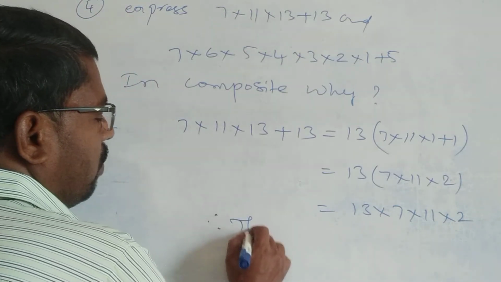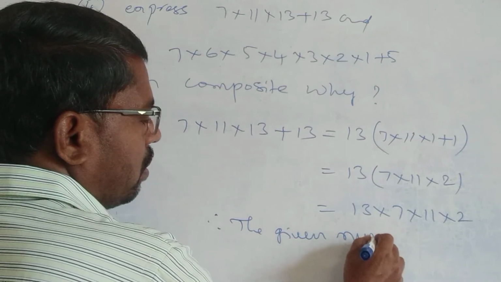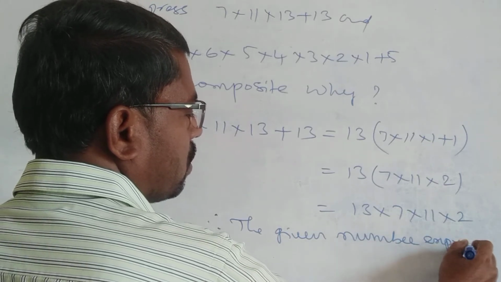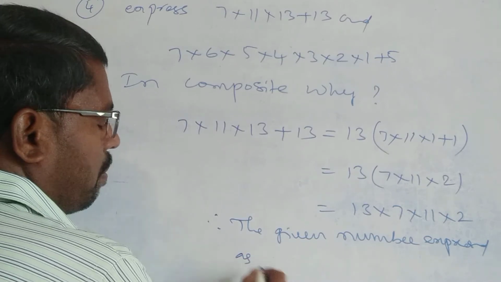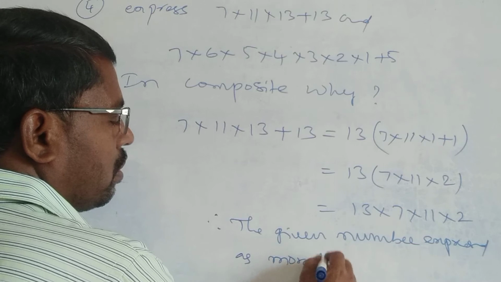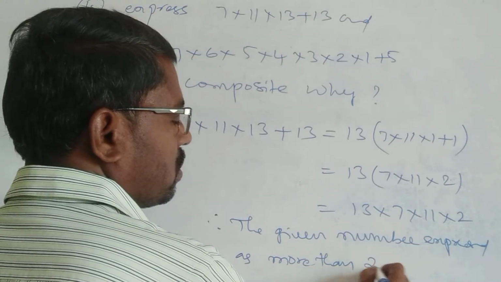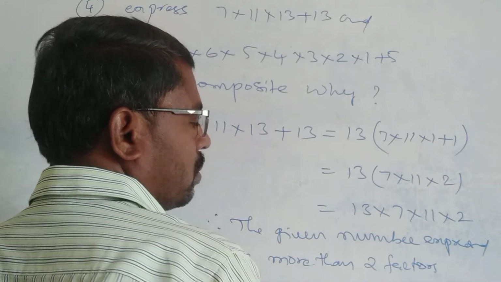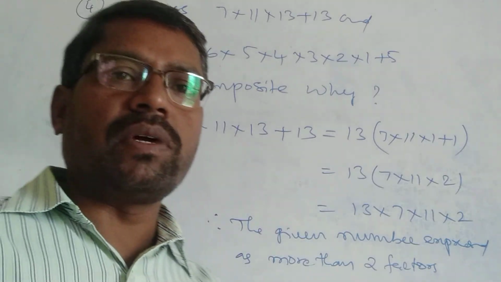Therefore, the given number is expressed as more than 2 factors. This is the reason. So definitely it is a composite number.